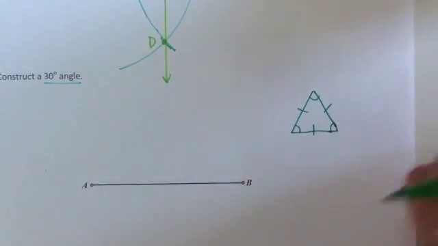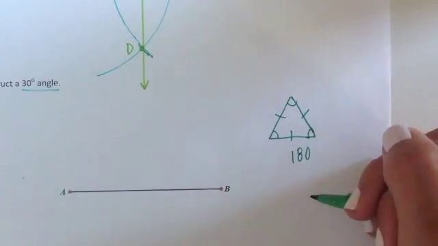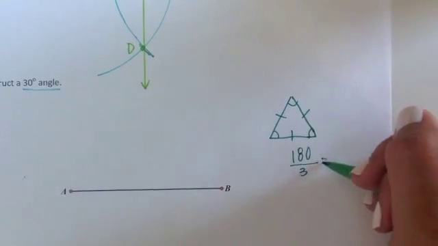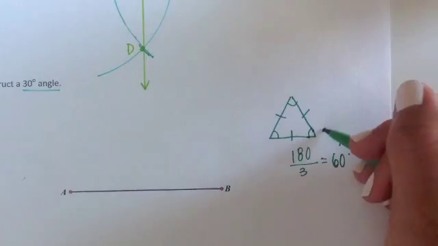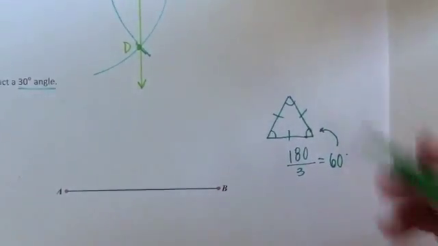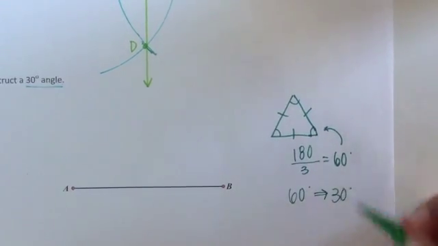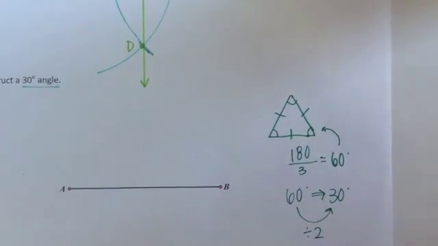Remember that all angles in a triangle add up to 180. There's 3 of them that are all exactly the same in this case. So here I know that each angle is 60 degrees. Remember, this makes an equilateral triangle. In order to go from 60 degrees to 30 degrees, again, the same thing, divide by 2.